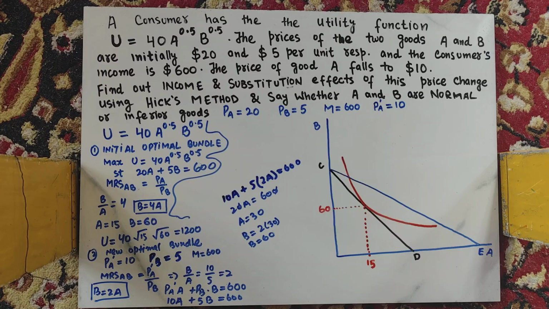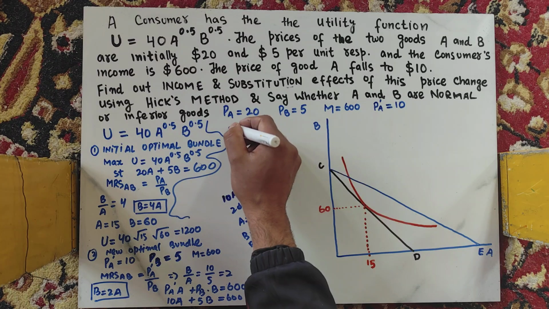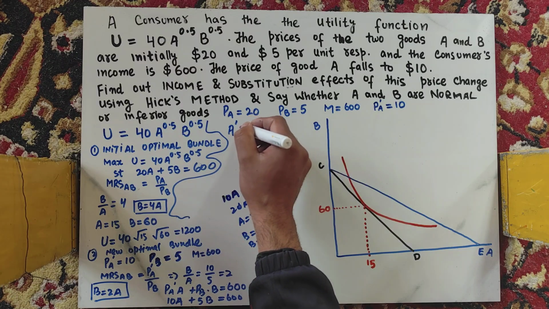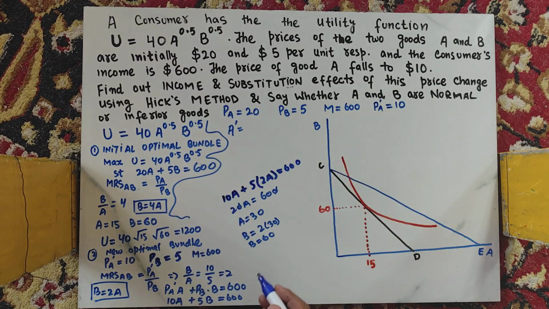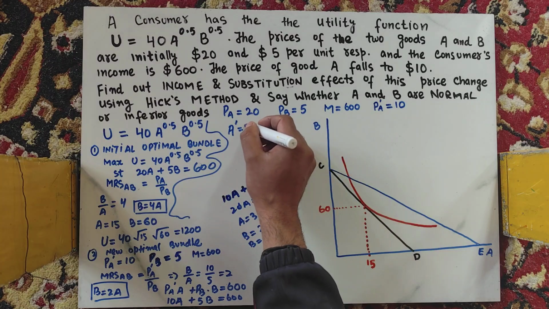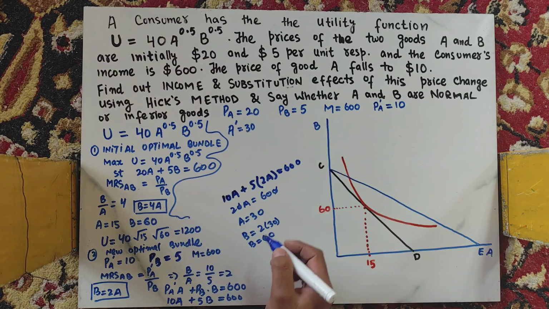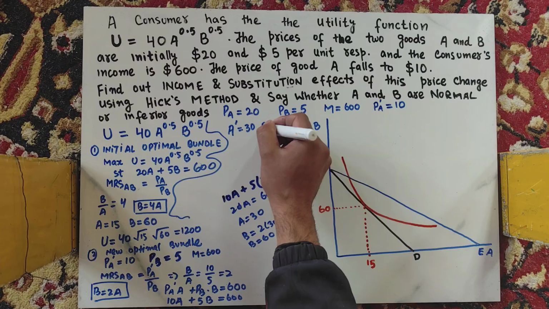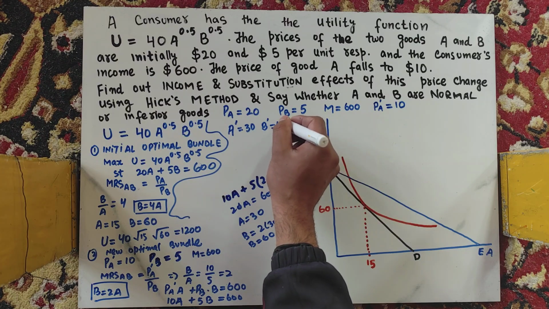After doing this with the new prices, the new optimal bundle for good A prime is 30, and for good B prime it is 60.